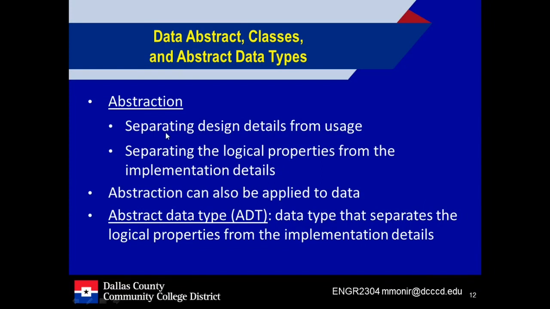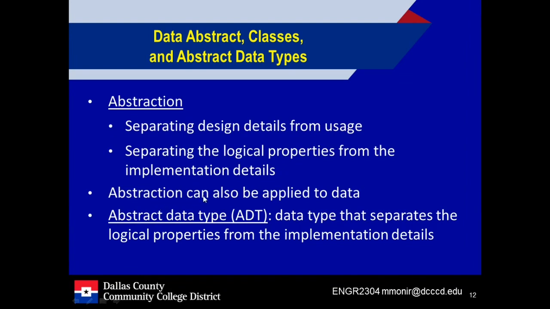However, if you want this code to be used by others, they should be able to see the design details, what kind of functions your object can have. This is what abstraction is, separating both layers, the design details and the implementation details.